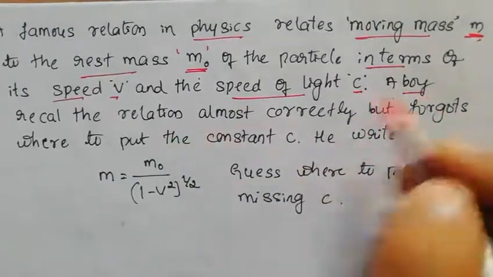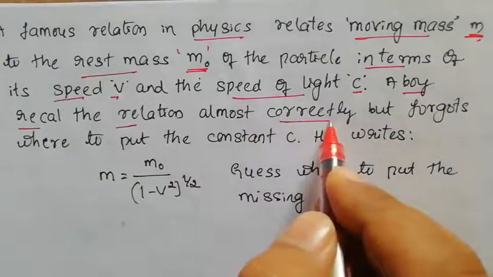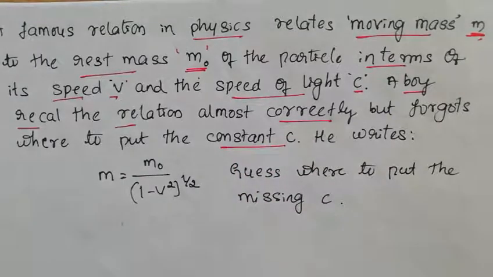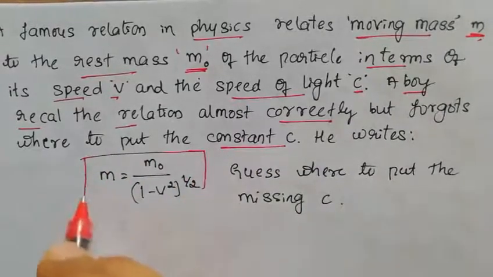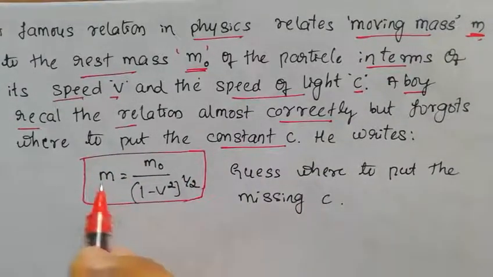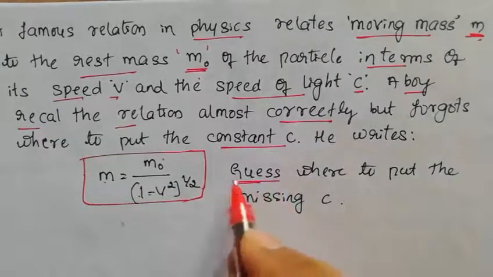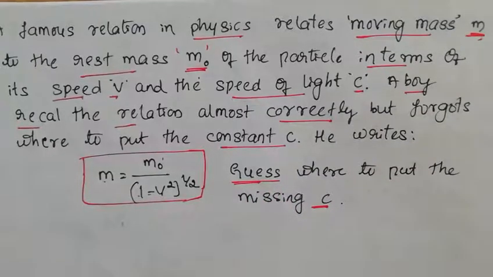But a boy recalls the relation almost correctly, but he forgot to put the constant c. Where to put it, he doesn't know. So he wrote this equation: M equal to m naught by 1 minus v square whole to the power of 1 by 2. We need to guess where to put the missing c in this equation.